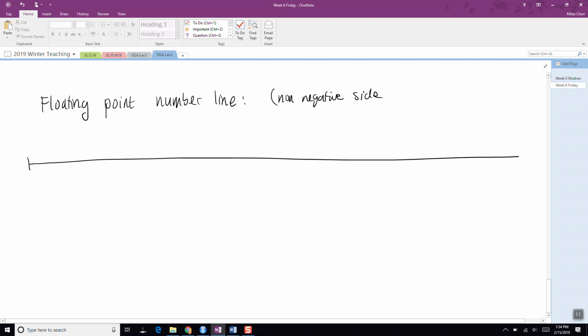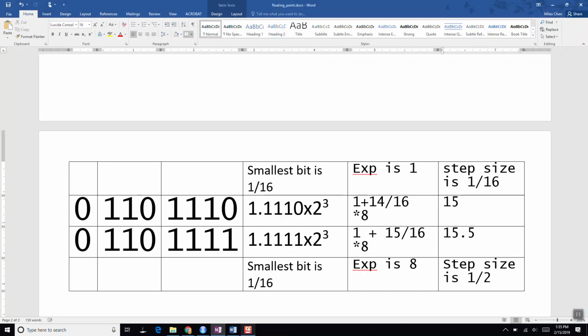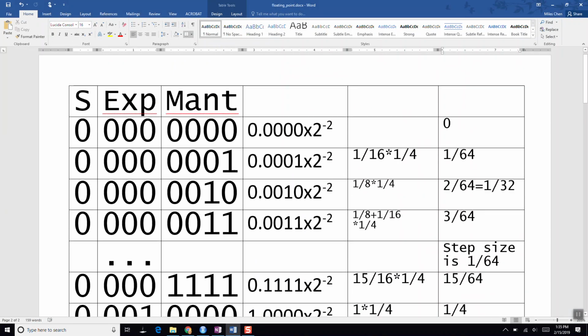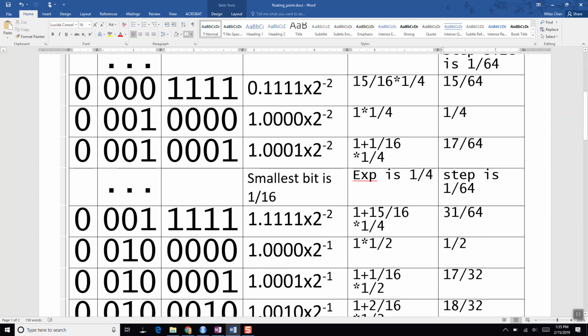We start off at 0, and then up until 1/4, this is our denormalized area, and beyond that is normalized. And from 0 to 1/2, as we saw in our worksheet, my step size is 1/64.